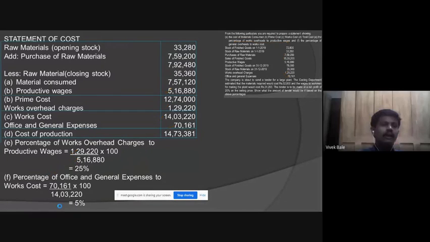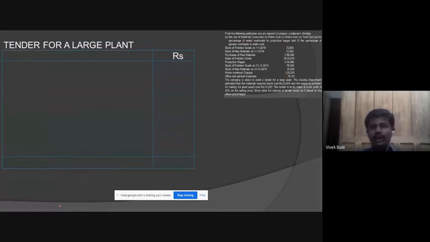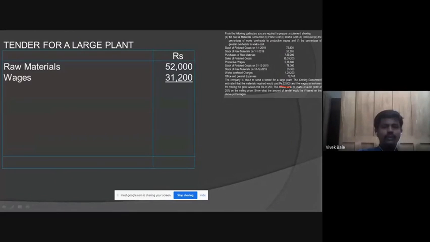Now to prepare a tender, we have only two items: material, rupees 52,000, and wages, which is given in the question as 31,200. The total of these two, the prime cost, is not given in the question.